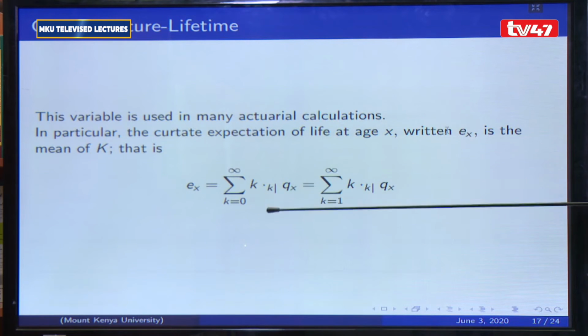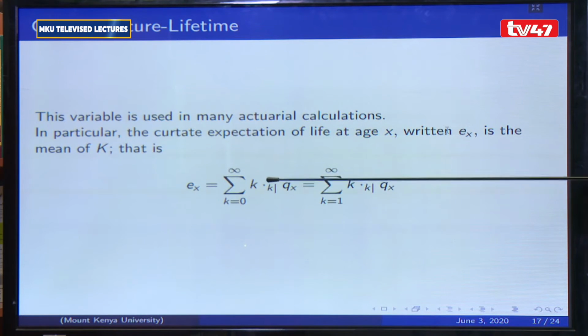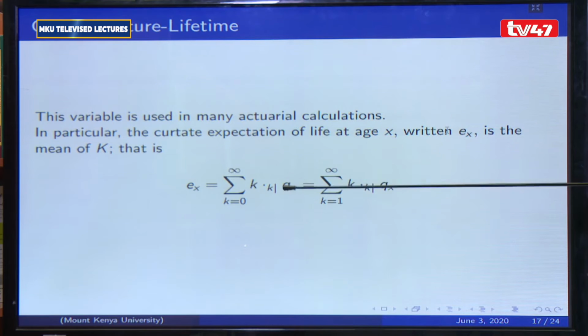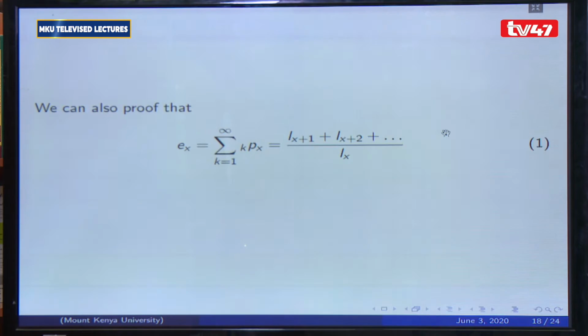At any given time the death is deferred for that year, and then the probability that this life survives to that age and then dies in the following age.